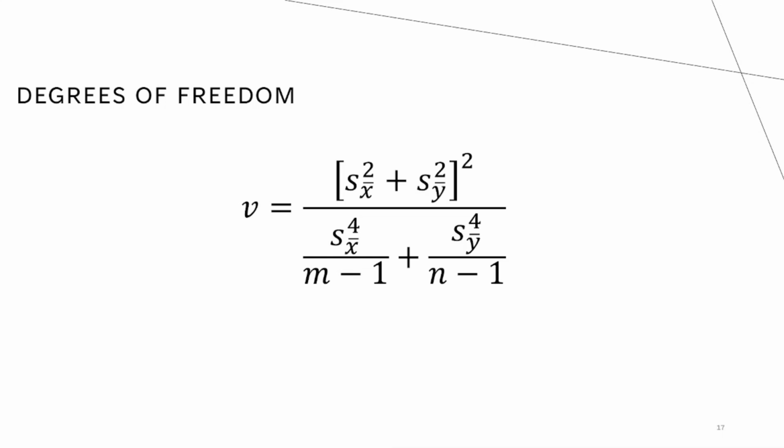Another fundamental implication, as before with the t-distribution, is the degrees of freedom. But unlike the straightforward calculation that you do with one population, where it's just one less than the sample size, we get a slightly more complex calculation for degrees of freedom when finding the difference between two population means.